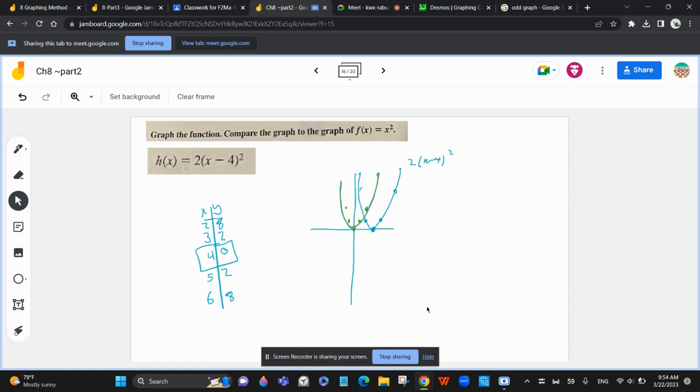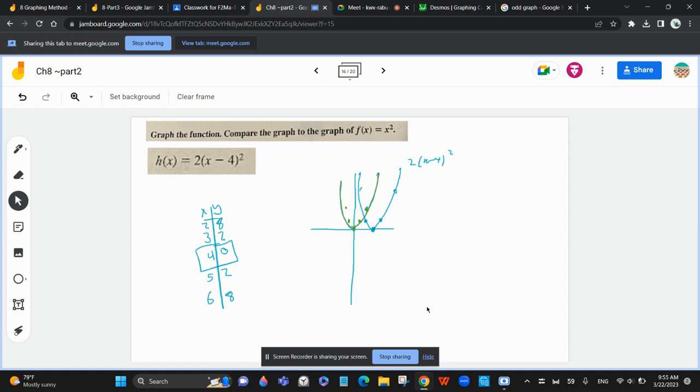Yeah, so to compare these two, you see that the minus 4 will shift the function to the right by 4 units. So I guess what the question asks is that we need to know that minus 4 will shift the function by 4 units.